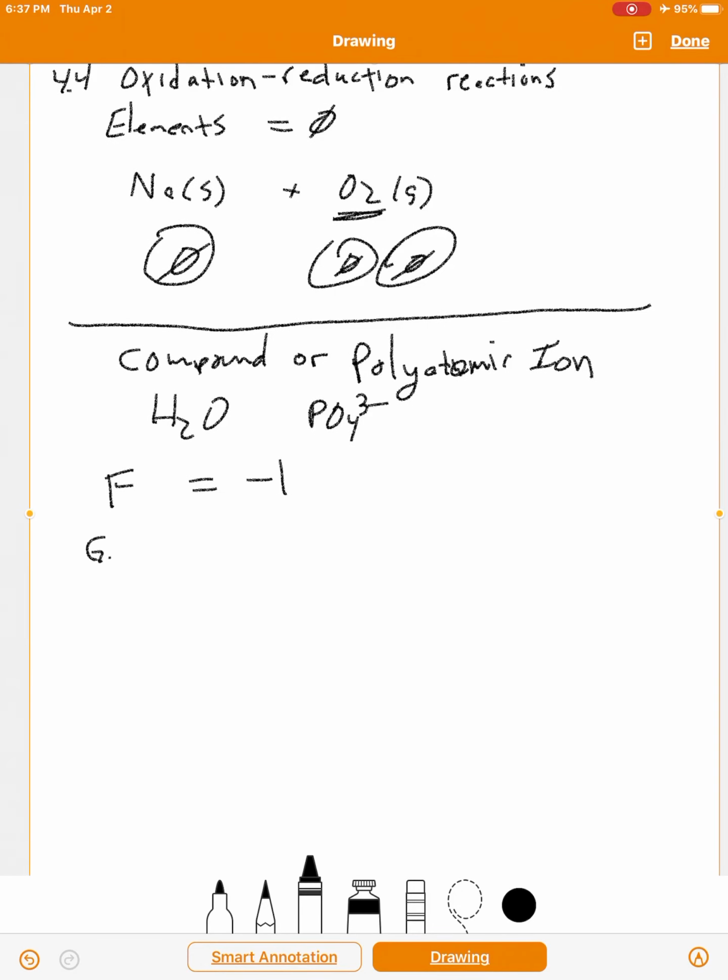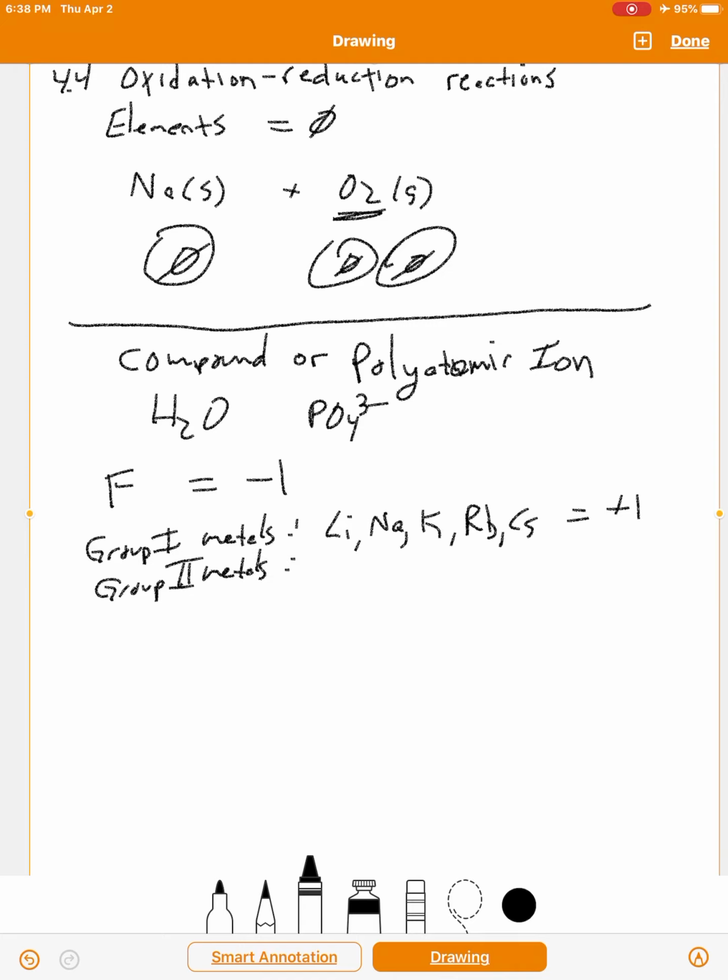The group 1 metals, lithium, sodium, potassium, rubidium, and cesium, are given the value +1. Group 2 metals, beryllium, magnesium, calcium, strontium, barium, are given the value +2.